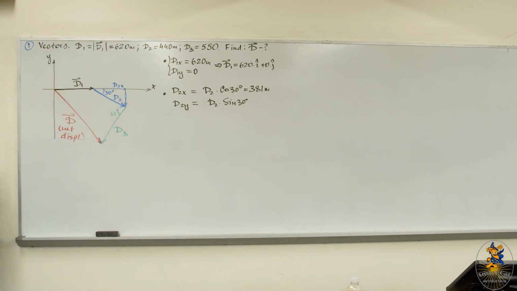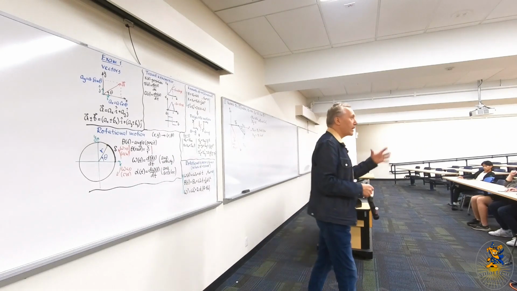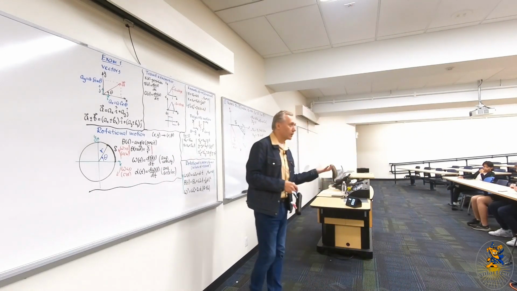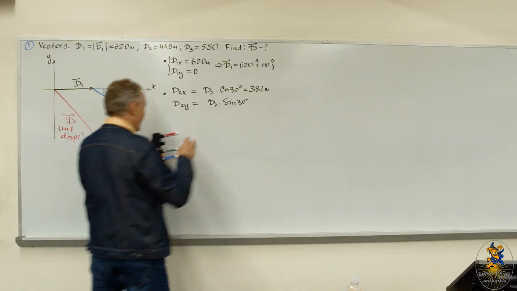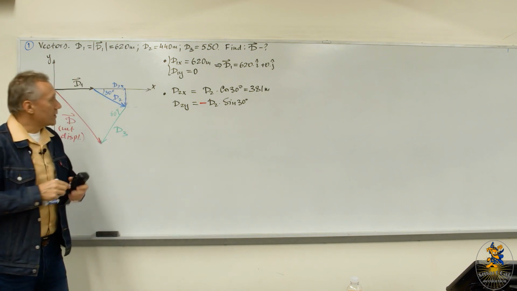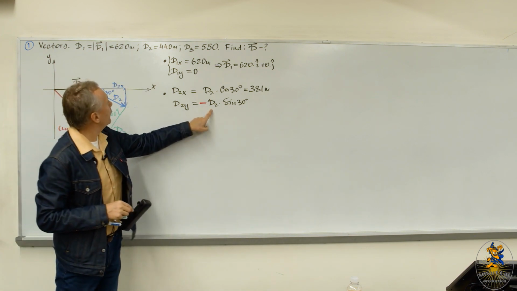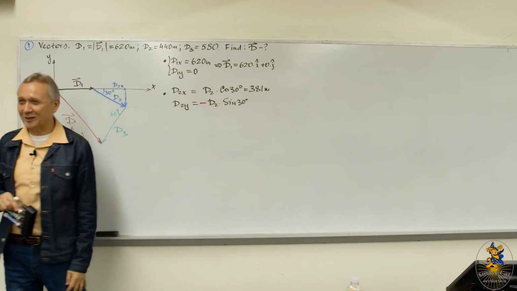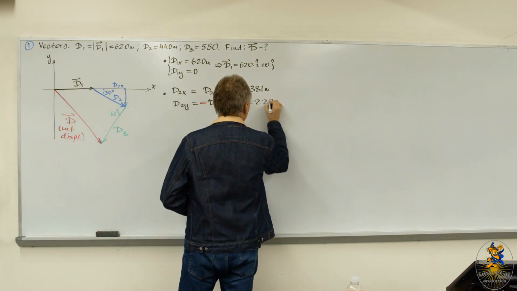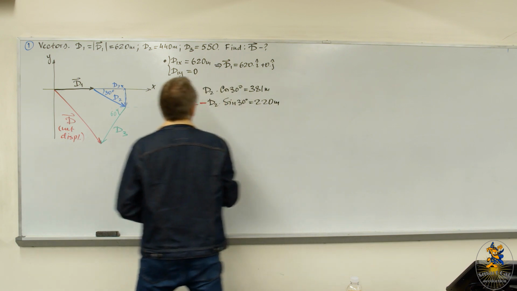Since we're not using the conventional angle, that minus is never going to pop up from the function. We use the convenient angle, not the conventional. So we need to take care of that plus and minus manually. Minus. And of course, I can calculate this. 440 divided by 2 is 220.